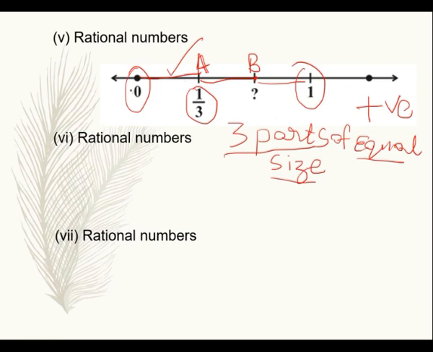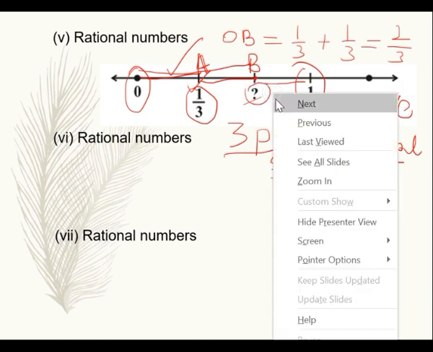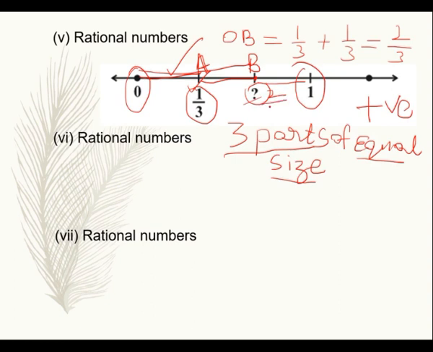Now tell me, from 0 to B, how much is the distance? From 0 to A is a 1/3 portion, and from A to B, again 1/3 more. That means from 0 to B, I have 1/3 added to 1/3, which is nothing but 2/3. So this point represents 2/3.